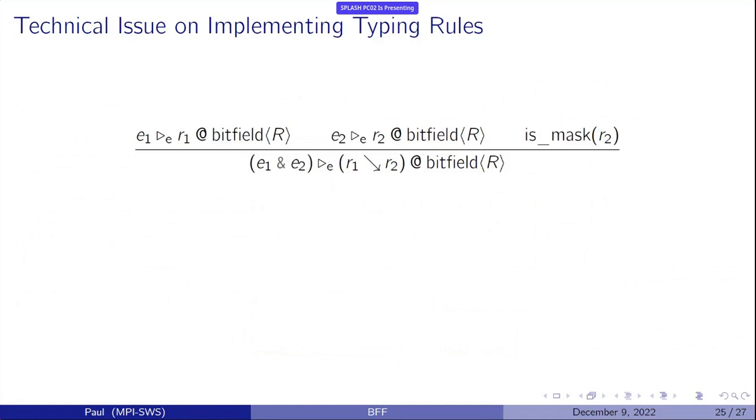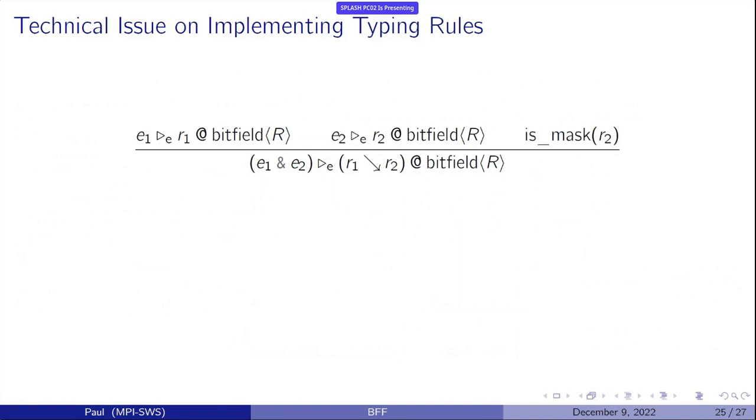And finally, I'd like to mention a minor technical issue that is different from what I have shown you. So this typing rule is what I have shown you to type check the bitwise AND operation on masking bit fields. And this is mostly just a proof of concept.